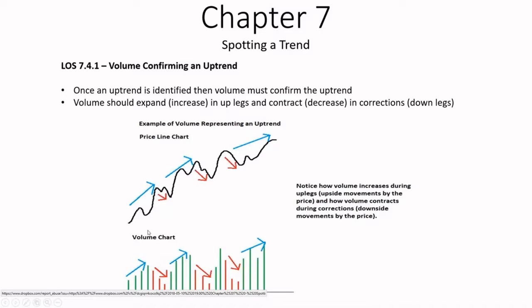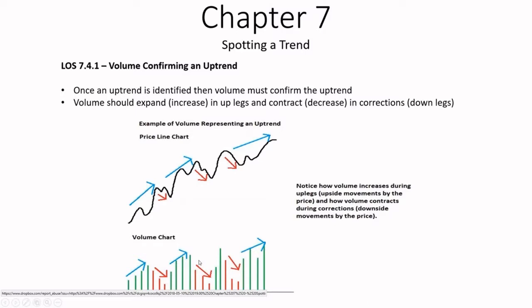As we can see, if the prices are generally rising, the volume is making expansion, is increasing. When we have corrections, the volume decreases. In the next up leg move, the volume again increases, and not only increases, it makes new highs. While we correct, volume decreases.